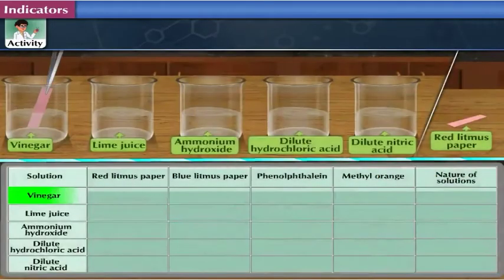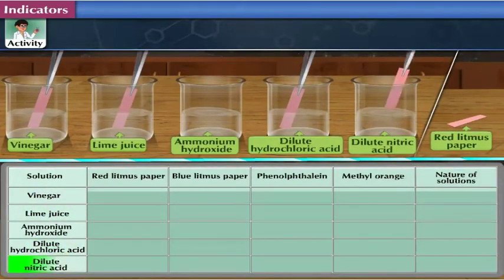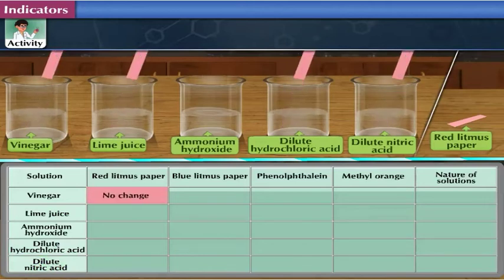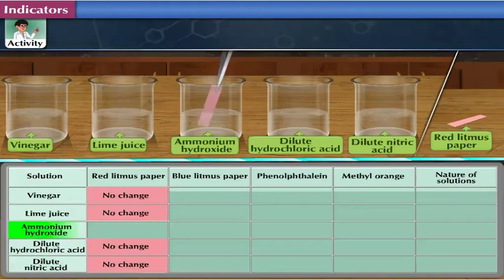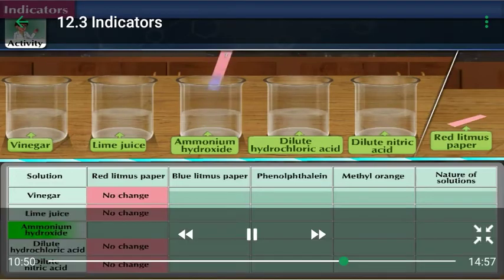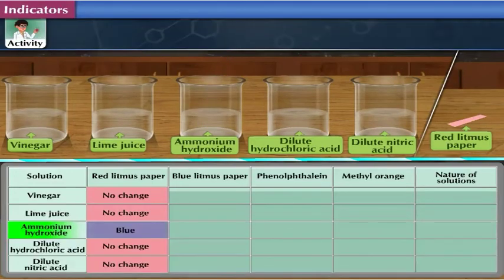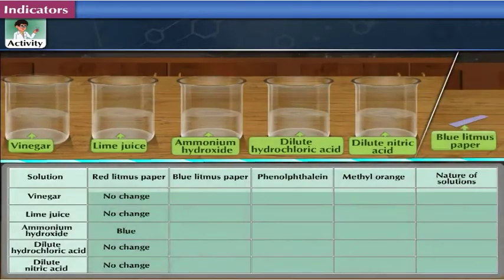In vinegar, lime juice, dilute hydrochloric acid, and dilute nitric acid, red litmus paper does not show any color change. But in ammonium hydroxide solution, it turns blue. Now, let us test each of these solutions with the help of blue litmus paper.